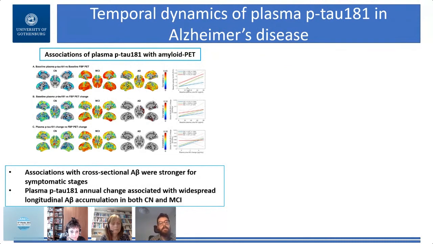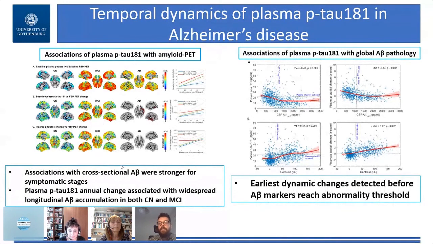This suggests that plasma phospho-tau might better reflect relatively advanced disease stages in terms of amyloid deposition.